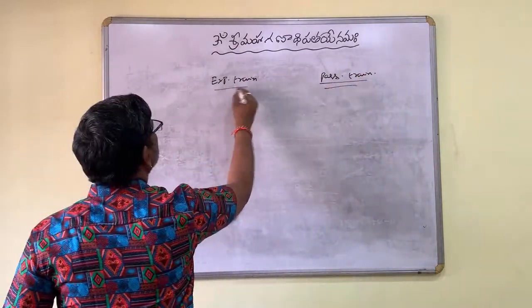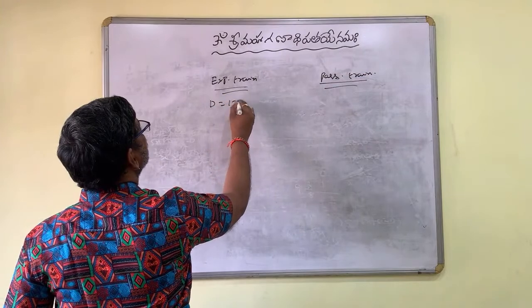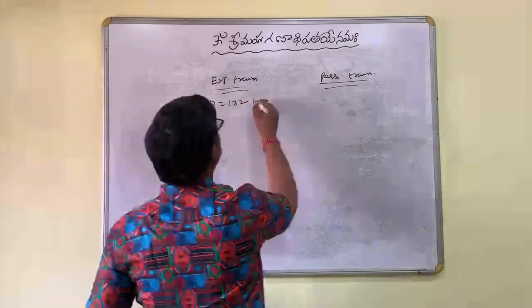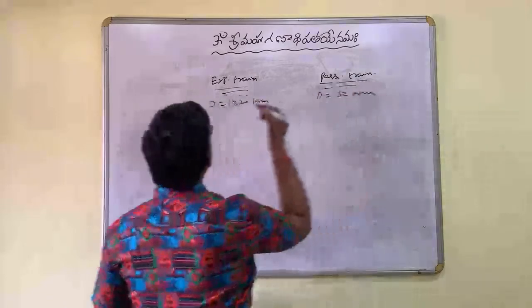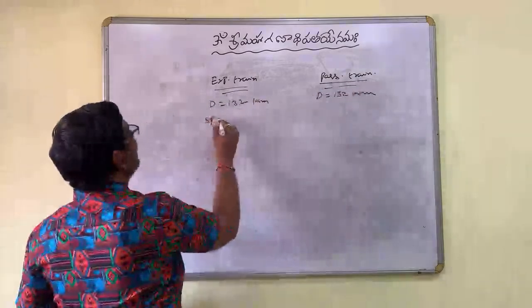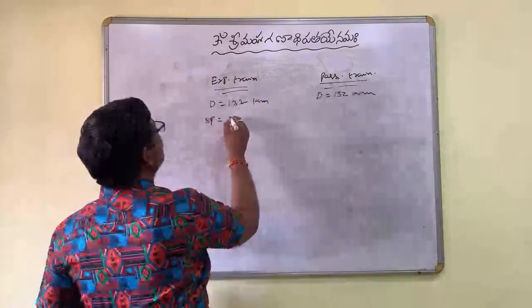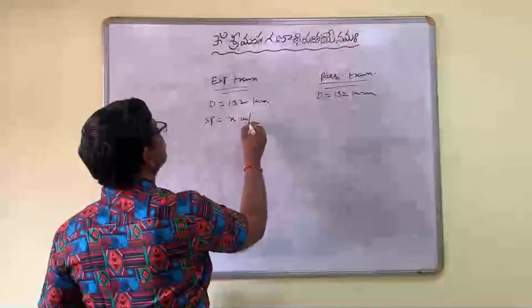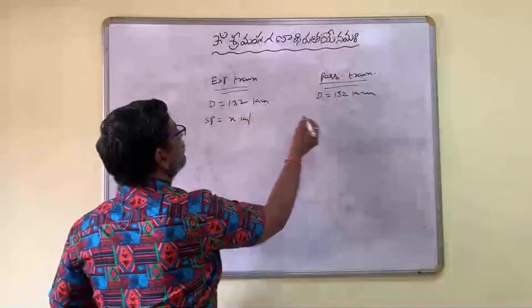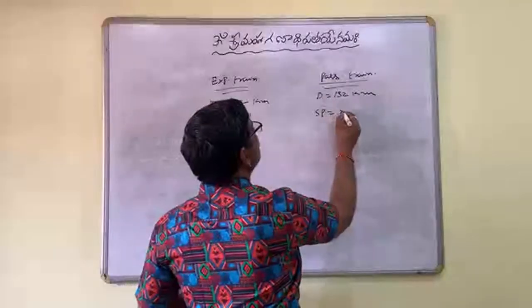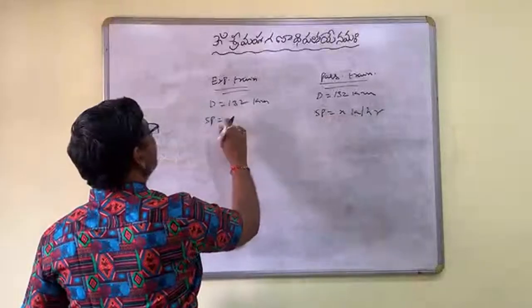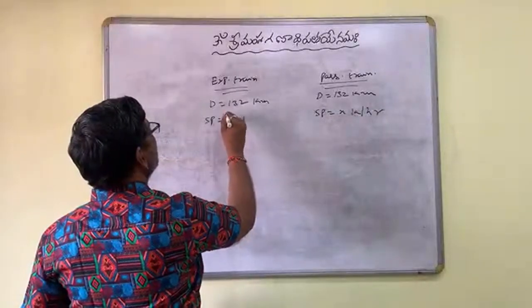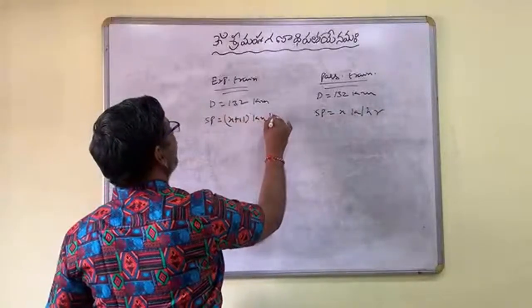Okay. Distance 132 kilometers, and here also distance 132 kilometers. Here speed of the train, let it be x kilometers per hour. Then here the speed is x plus 11 kilometers per hour.